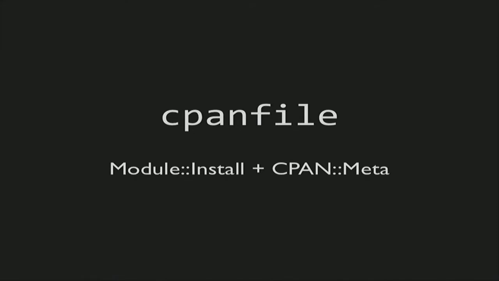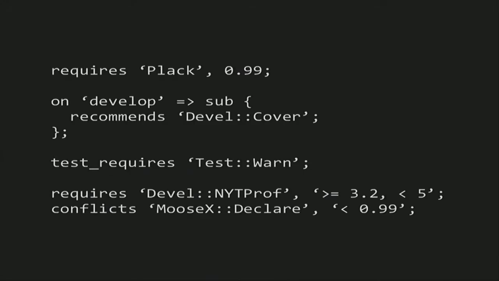cpanfile is directly one-to-one mapped to CPAN::Meta. So CPAN::Meta is a new specification to declare that meta information. So that's the good stuff. This is an example of a cpanfile. The first line is that it requires Plack 0.99. So this means your application needs Plack 0.99 or later.